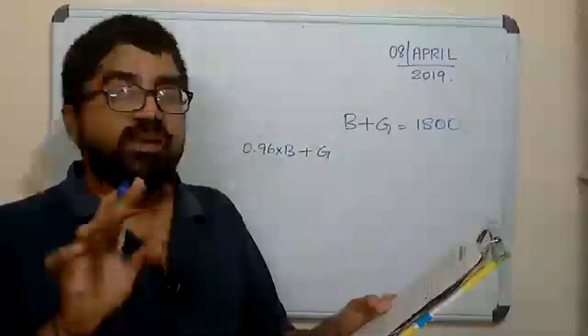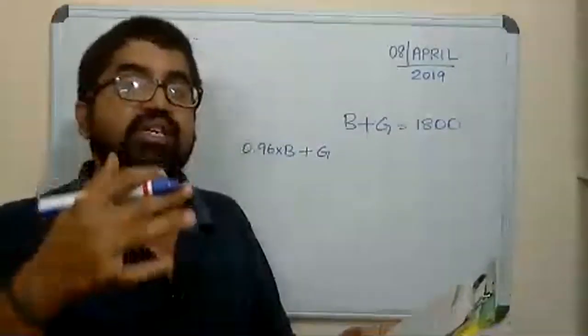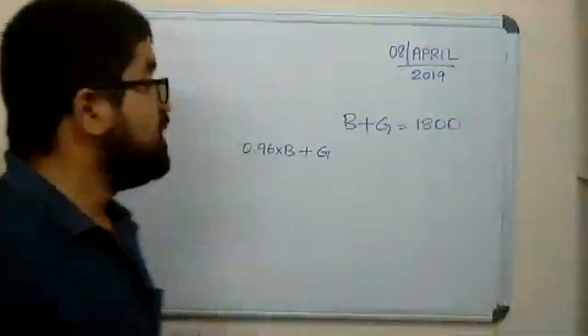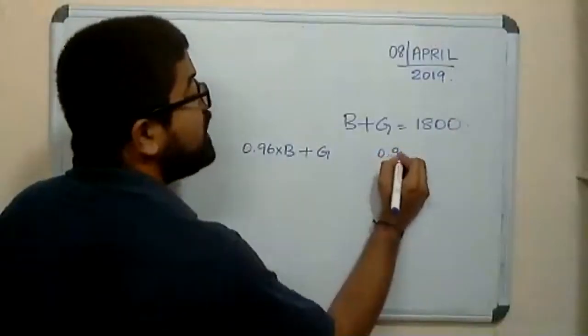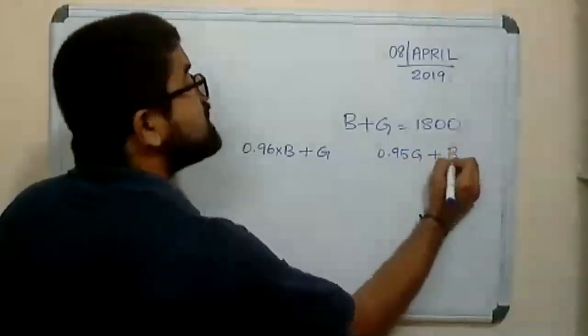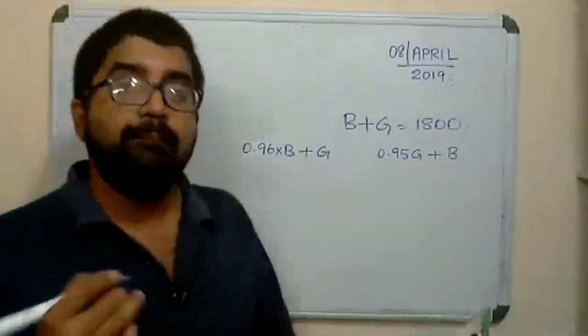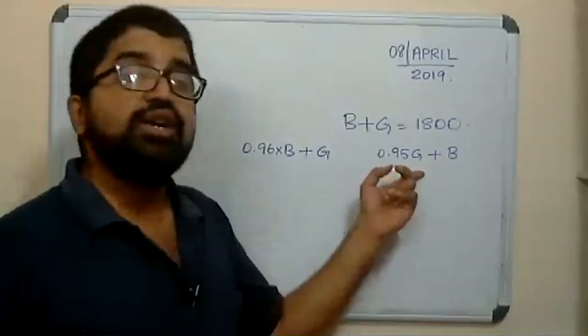Total number of girls 100%. In that, 5% of the girls didn't show up, which means 95% of the girls have attended that day. So 95% of the number of girls, 0.95 G, plus all the boys have attended the class that day, plus B, that will be the total number of students that attended the session today.